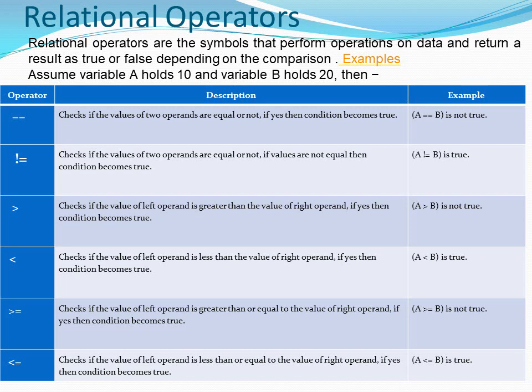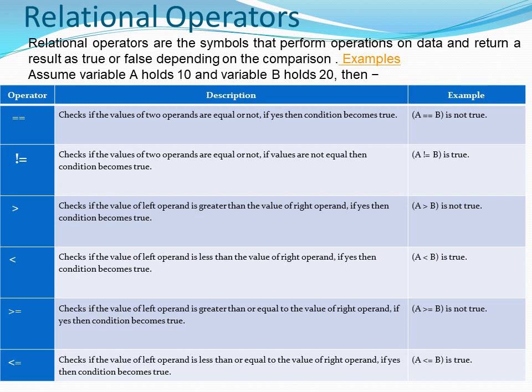Third is greater than, checks if the value of left operand is greater than the value of the right operand. If yes, then condition becomes true. Less than operator checks if the value of left operand is less than the value of right operand. If yes, then the condition becomes true.